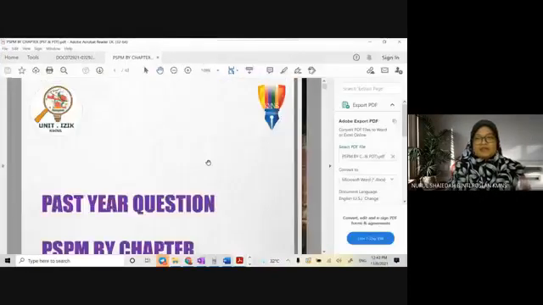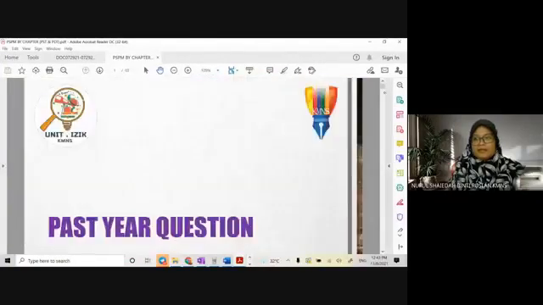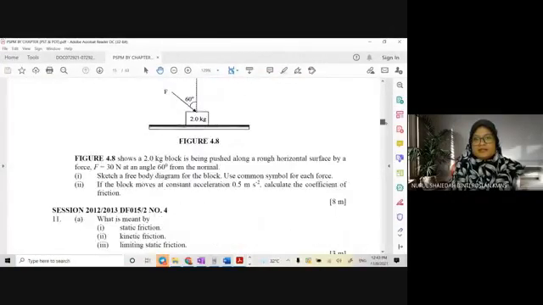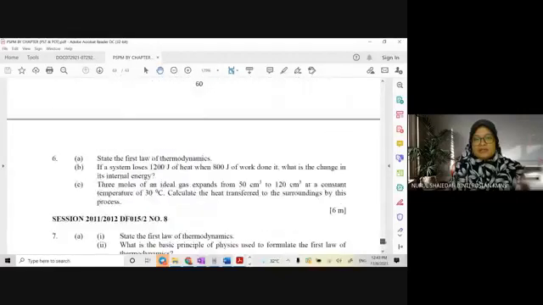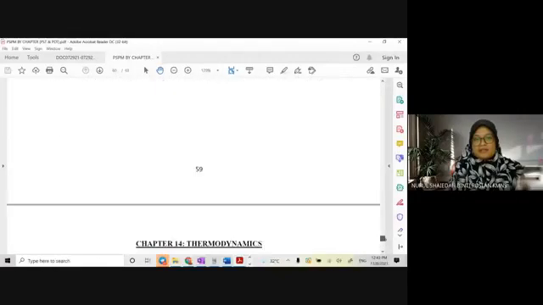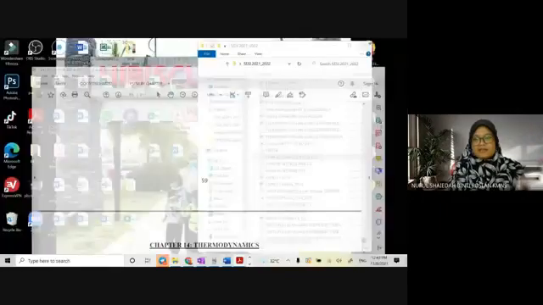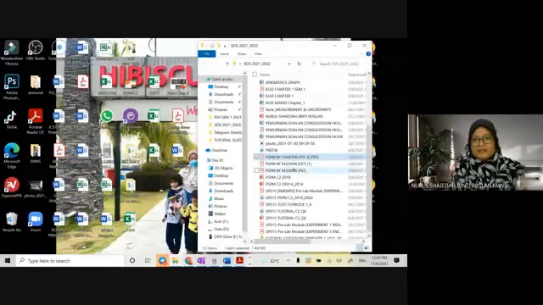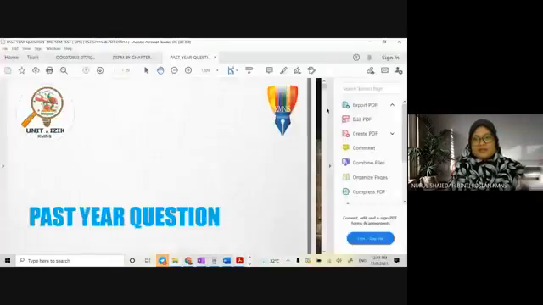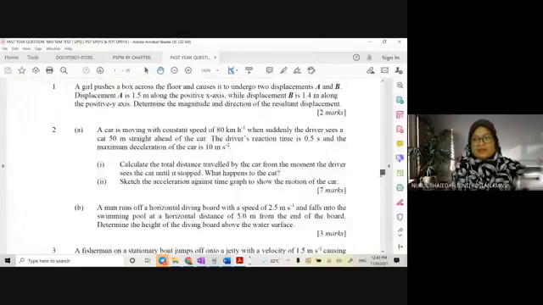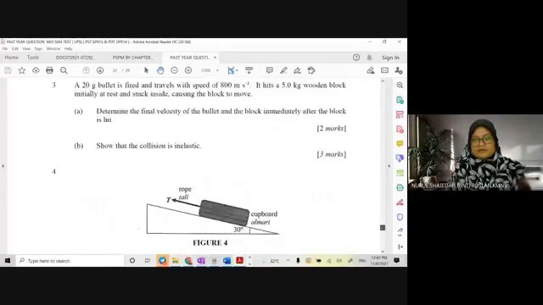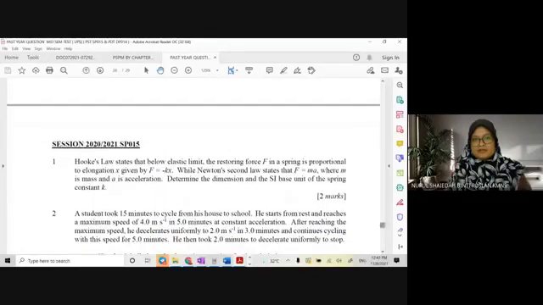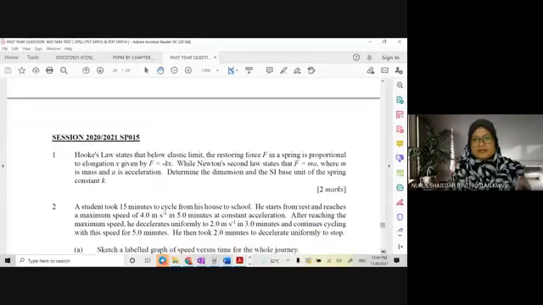Okey, kita tengok soalan pasir tahun lepas. Tengok je, kita tak buat dah. Tak sempat. Ini by session. Tak tahu dia bawa tadi. Tadi saya tanya dia.